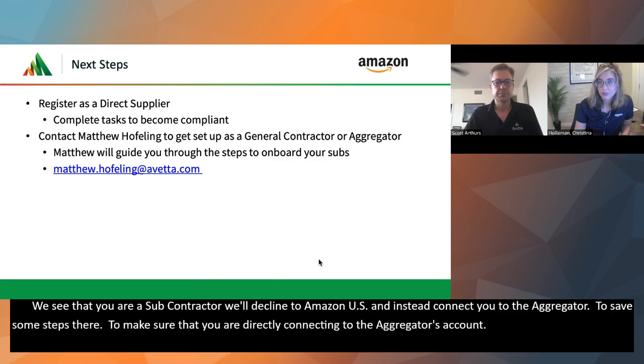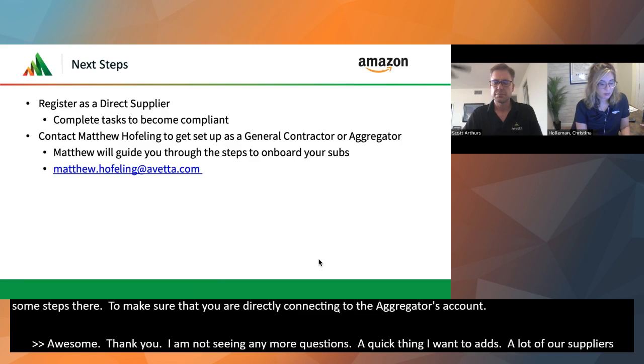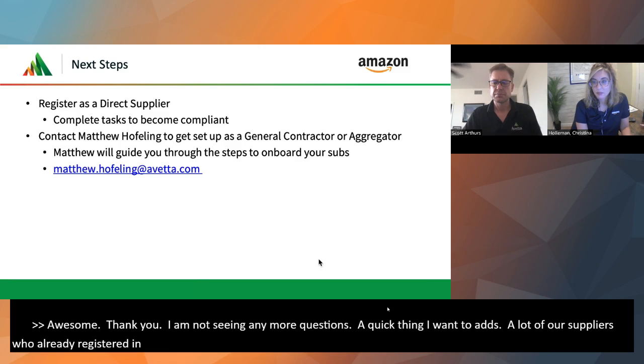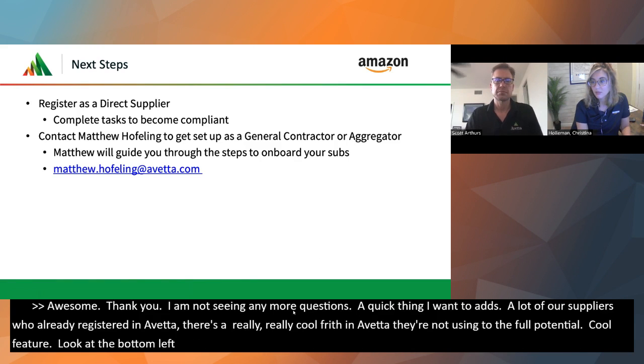Awesome, thank you. I'm not seeing any more questions. Quick thing I want to add. A lot of our suppliers who already registered on Avetta, there's a really cool feature on Avetta they're not using to its full potential or not aware of. If you look down at the bottom left corner when you're logged in to Avetta, there's a chat or call Avetta link that pops up.